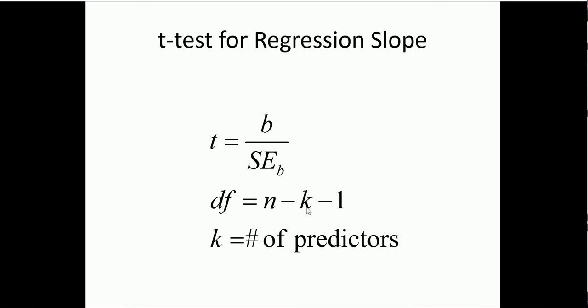K is the number of predictors in the multiple regression analysis, and then this minus 1 is just to subtract a degree of freedom for the constant as well. So that's fairly straightforward to conduct the t-test for each and every coefficient. Each coefficient in the equation will have a t-test associated with it.